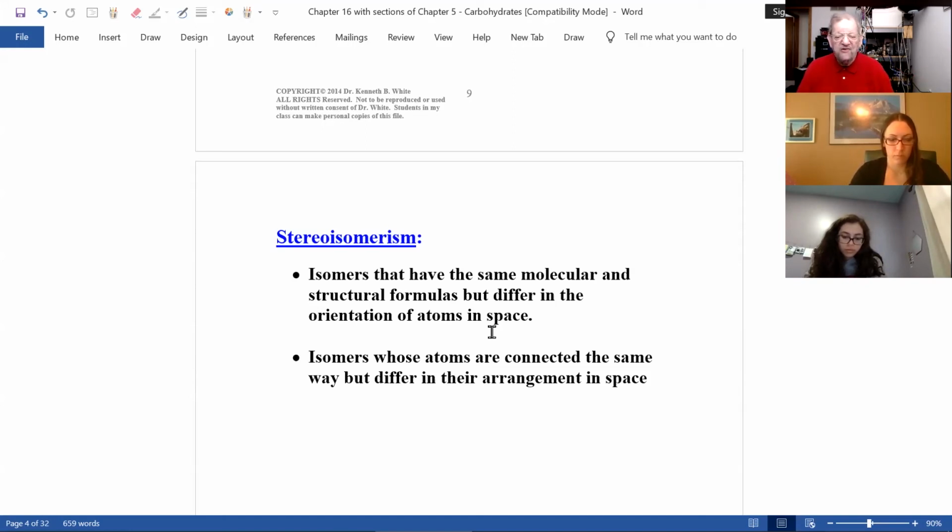Stereoisomers are isomers that have the same molecular and structural formula, but differ in their orientation of atoms in space. Another way of saying that is isomers whose atoms are connected the same way, but differ in their arrangement in space.